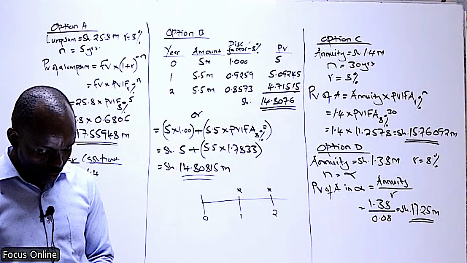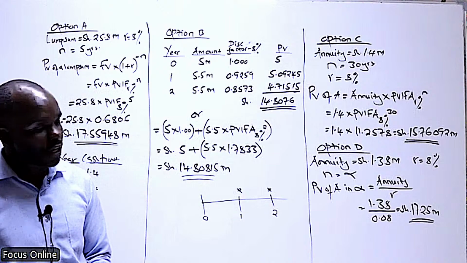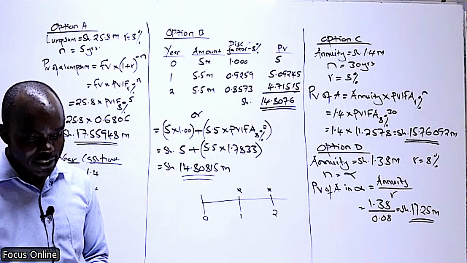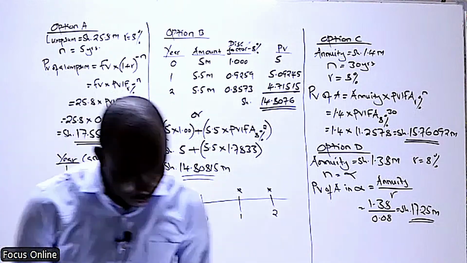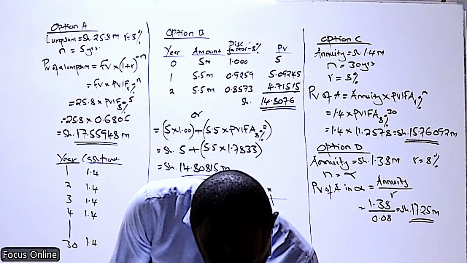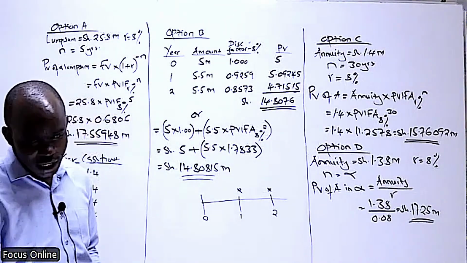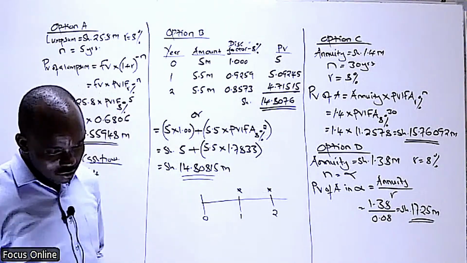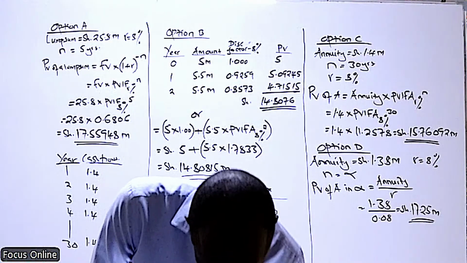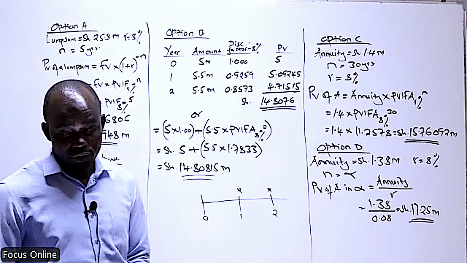You should also be able to do it using your calculators, because you can be given a rate that is not in the table. For example, if you look at the table, there is no 17%. So if someone wants to bother you, they'll say 17%, and maybe it's not in the tables. Or 11, is 11 there? 11 is not there. So you should be able to compute using your calculators.